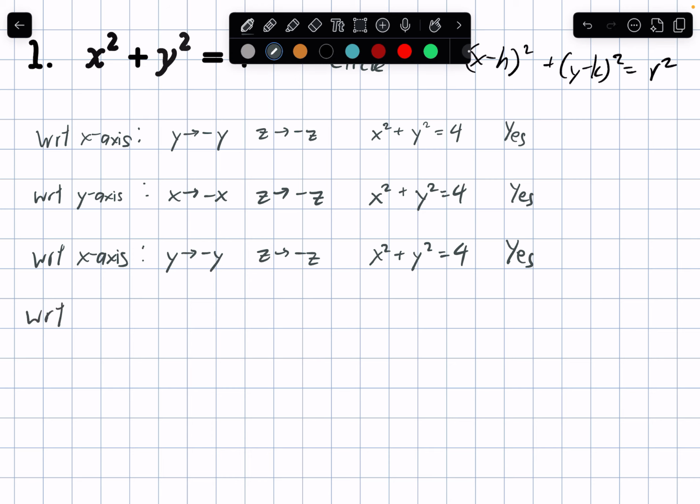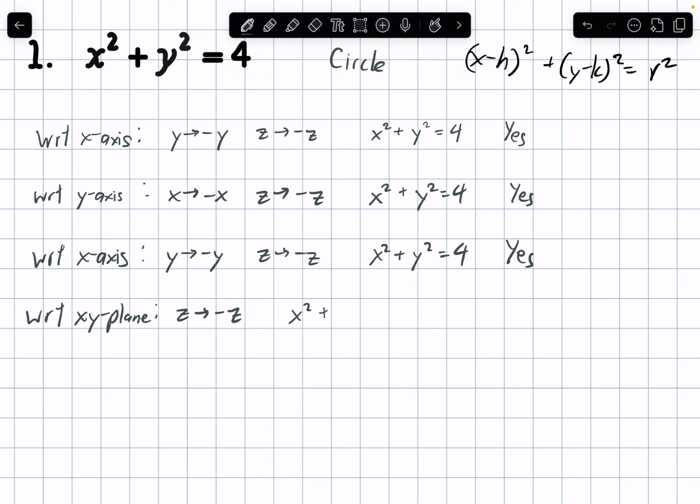Okay, next, with respect to the xy plane, we're going to make z negative z. Does that change anything in the equation? We don't see z in the equation, so we just literally copy the equation, and we say that it is symmetrical with respect to the xy plane. How about with respect to the xz plane? y is going to be negative y. It follows a pattern.